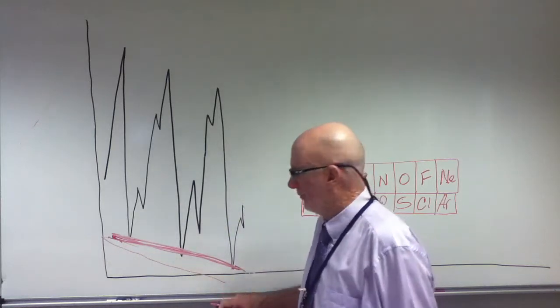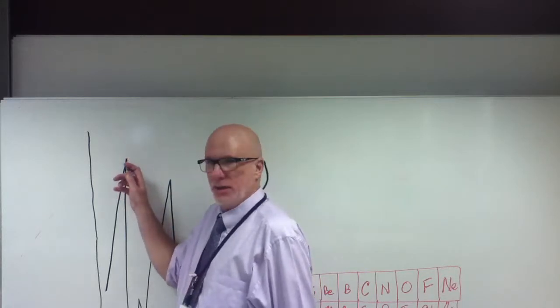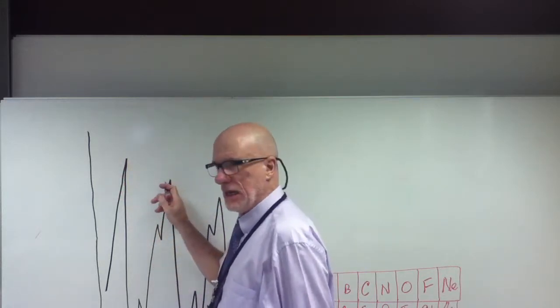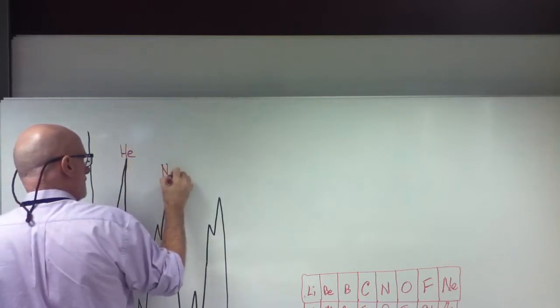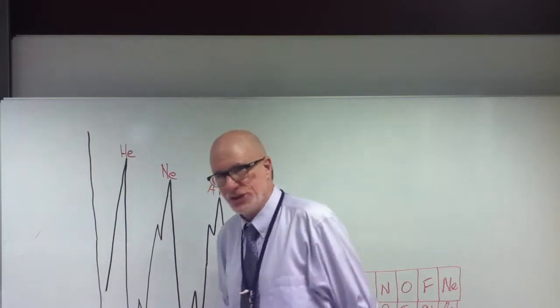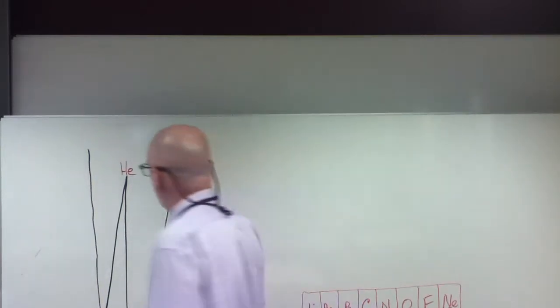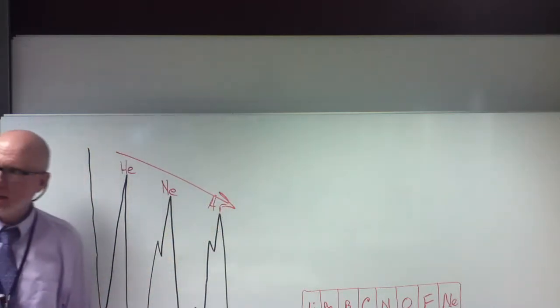And you can also see that up here, this is helium, neon, argon. So you can see that those are also decreasing as you go down the column, right?